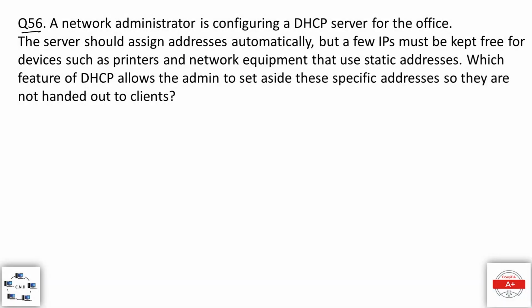Question number 56. A network administrator is configuring a DHCP server for the office. The server should assign addresses automatically, but a few IP addresses must be kept free for devices such as printers and network equipment that use static addresses.